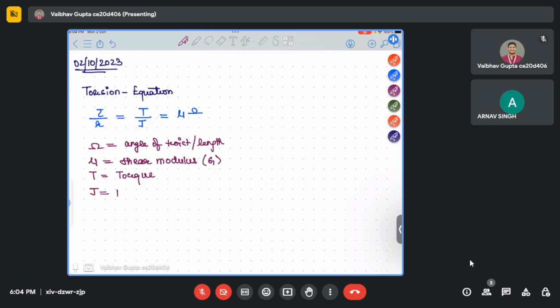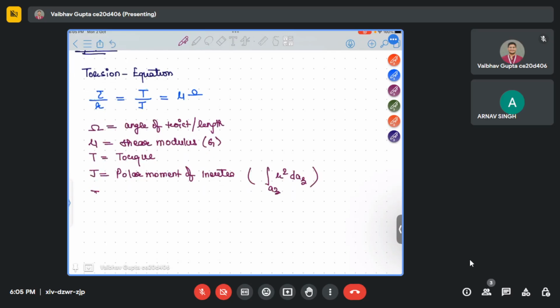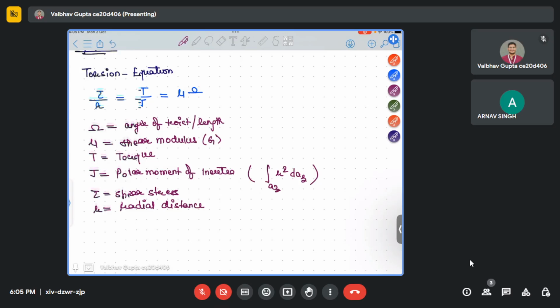J is the polar moment of inertia, which is the integration of r square dA. Tau is shear stress, and r is the radial distance. So this is the torsion equation.